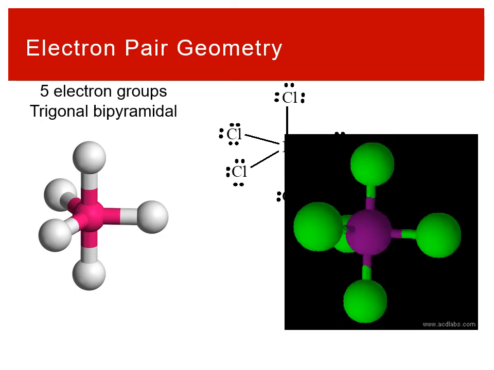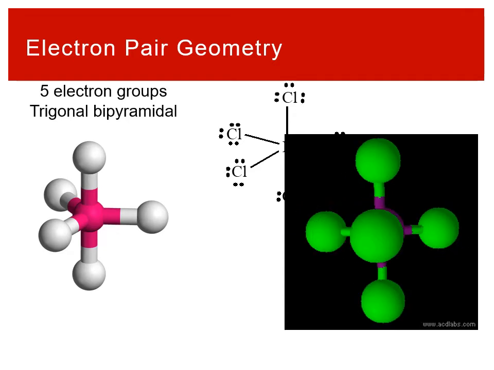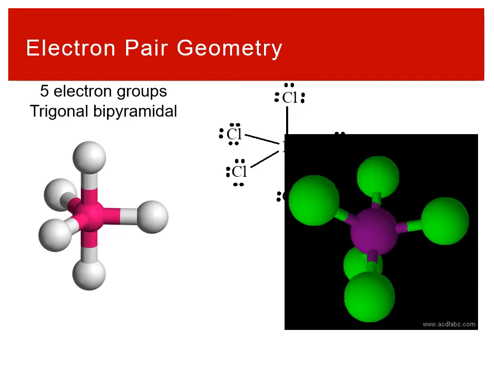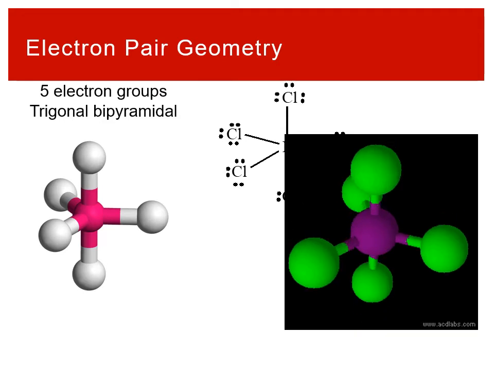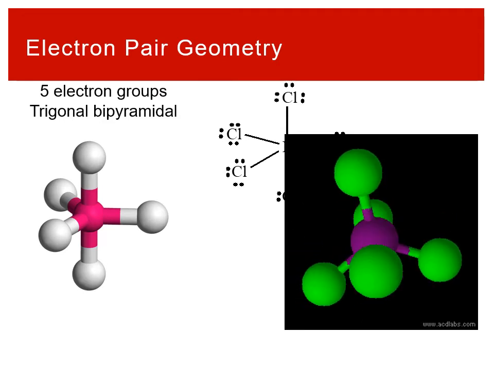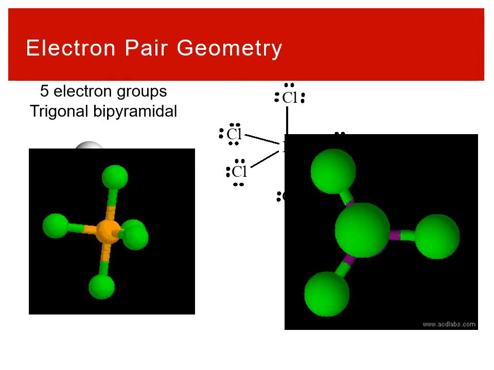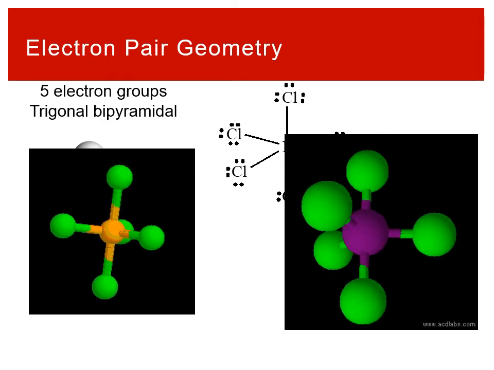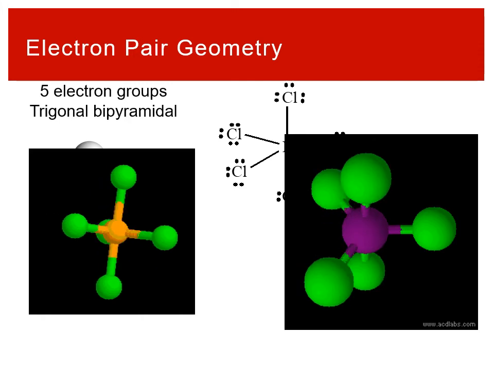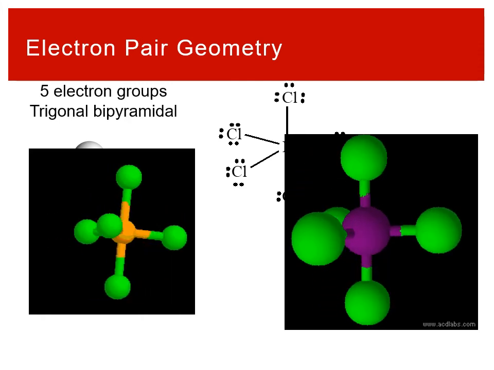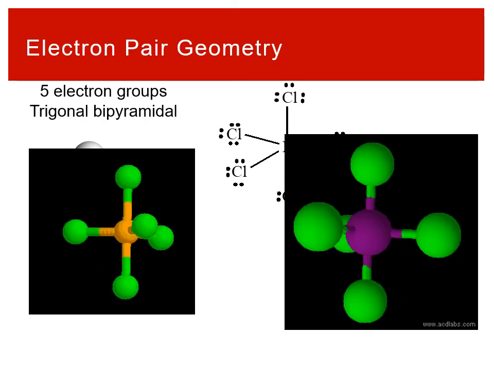And then the other 3 are forming this sort of planar shape. You can see it moving around in fancy 3D. Again, the 2 that are sticking up are linear, whereas the other 3 are forming that trigonal planar bit.